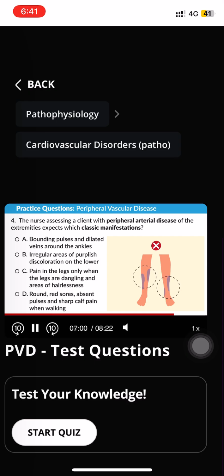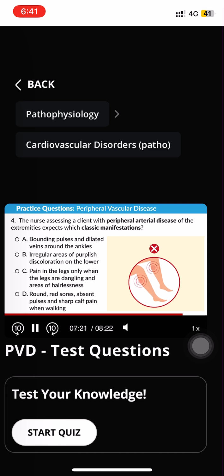No, again, another critical sign of PVD here, and not PAD. In PAD, we see those round red sores, and not purple discoloration. Now option C, pain in the legs only when the legs are dangling, and areas of hairlessness. No, this one is really close.